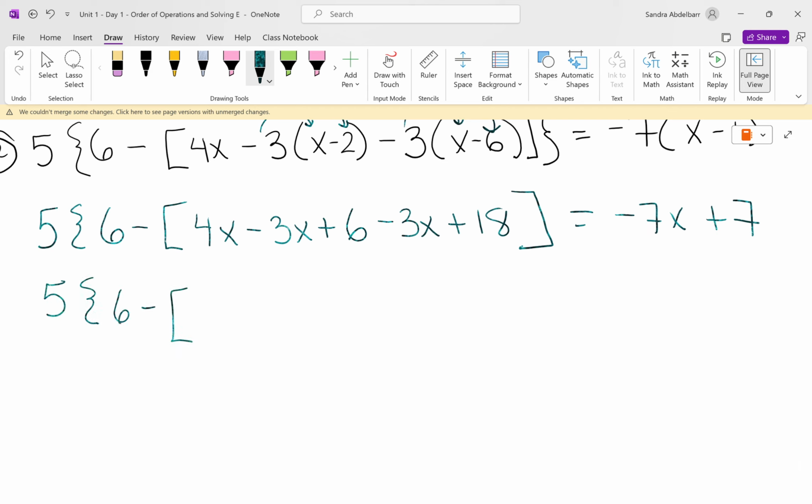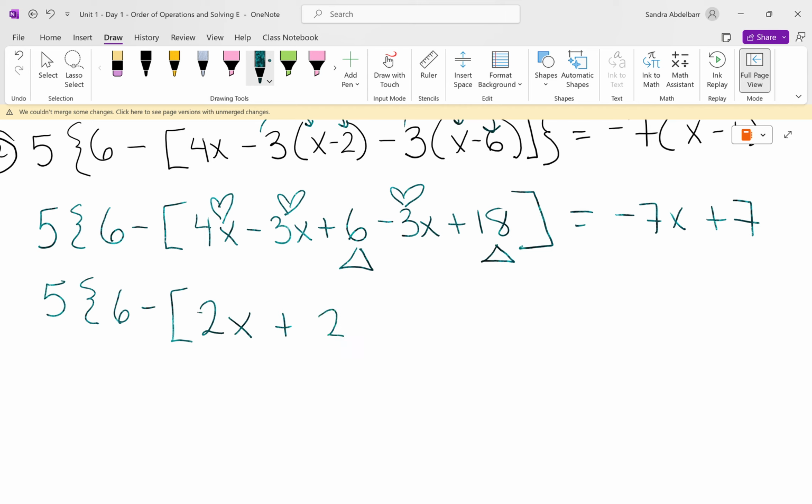All right, let's keep going here. So now we have 5, and I have my squiggly brackets, 6 minus, and now I'm just going to combine my like terms. We have 4x, -3x, -3x. A -3x and a -3x is a -6x, plus a 4x is going to give us -2x.